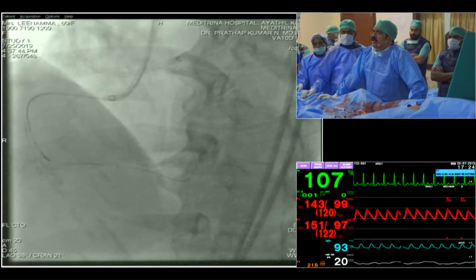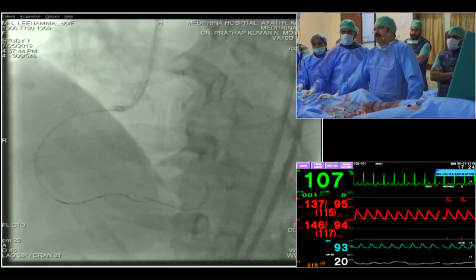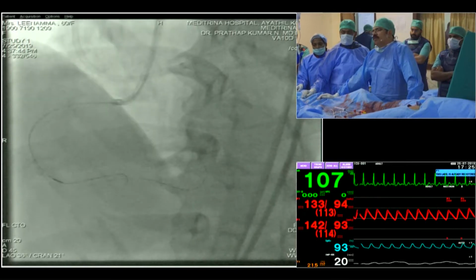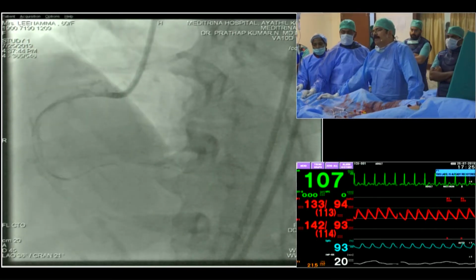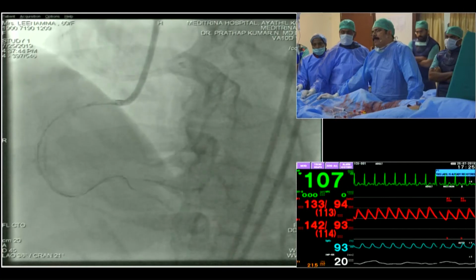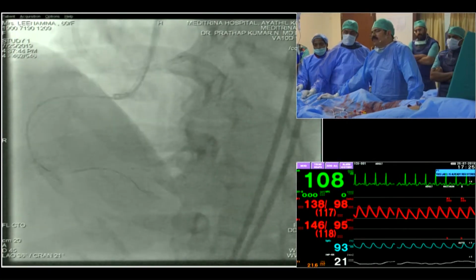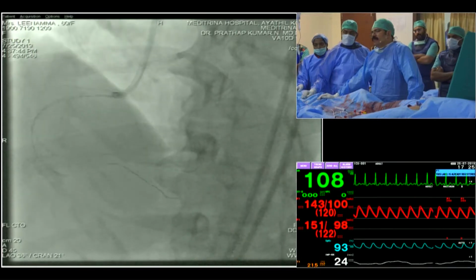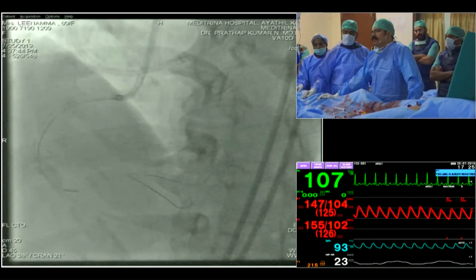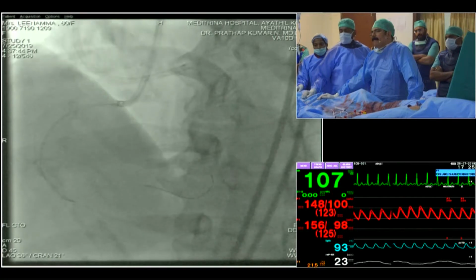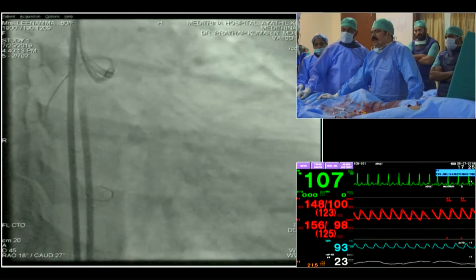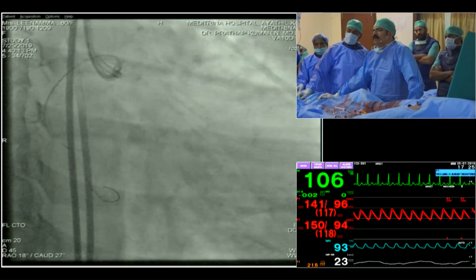There is an acute angle there, so difficulty in taking the branch down. I took the wire down and pushed the Caravel down along with that. Taken the Caravel out and we took a SO3 wire.